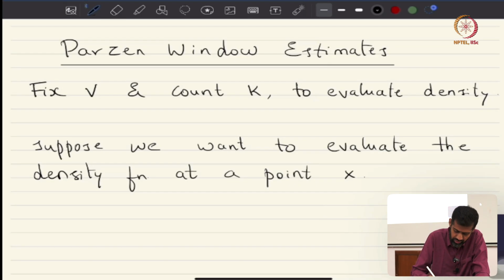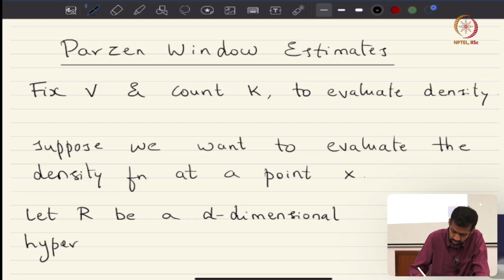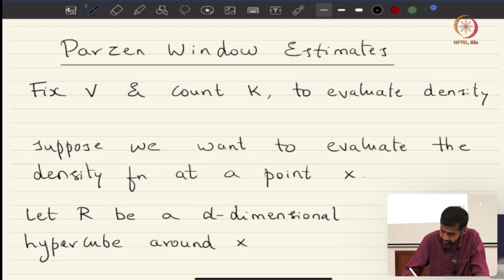Let R be a d-dimensional hypercube around x, centered around x, with length h.